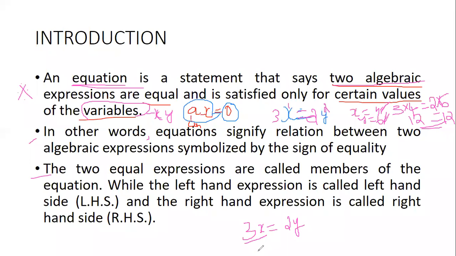See, this is one algebraic expression. How do I say it is algebraic? You have 3 into x. There is a multiplication symbol. Again, you have 2 into y, and there is again a multiplication symbol. So 3x is one algebraic expression, 2y is another algebraic expression.